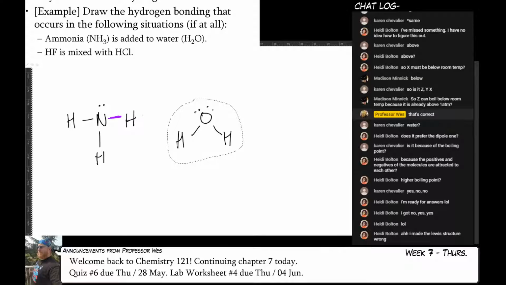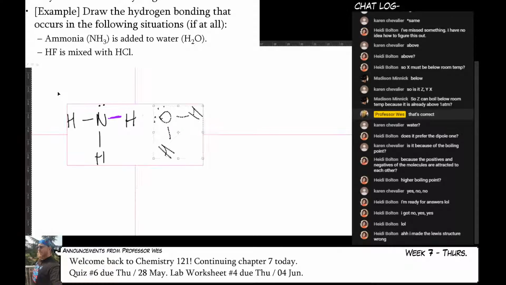I don't know if this is actually going to... Ooh, look at technology. There we go. There's my hydrogen. Oops, I didn't draw it as a dotted line. There's my hydrogen bond right there.